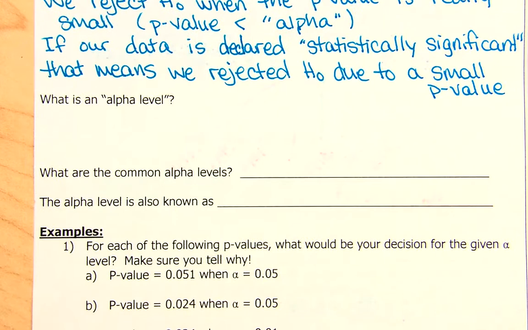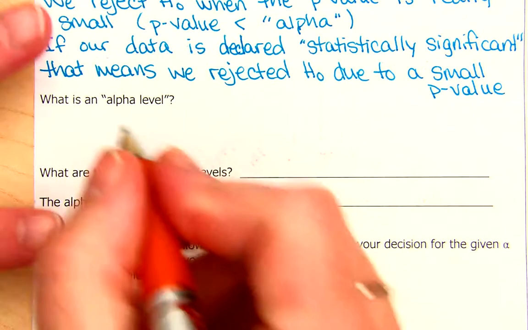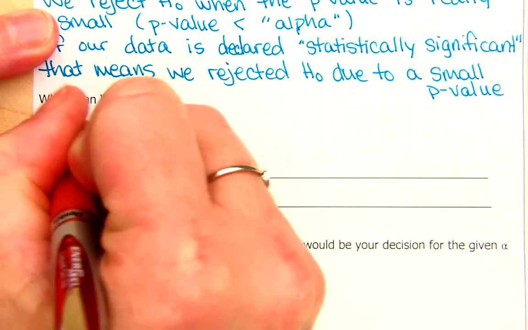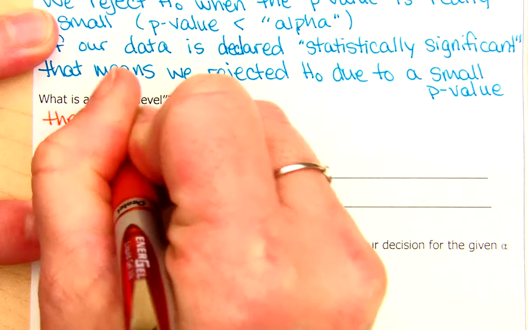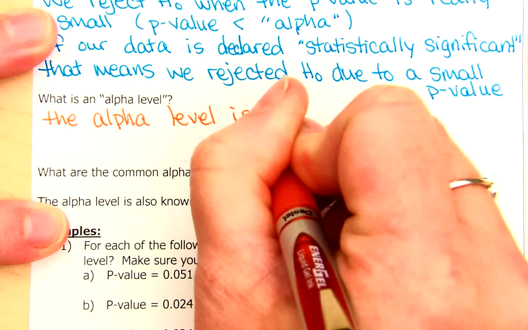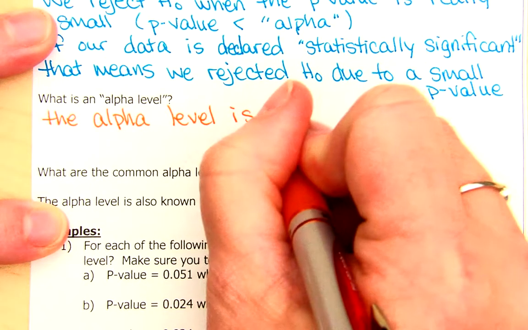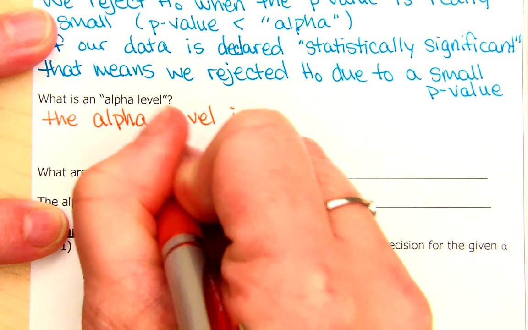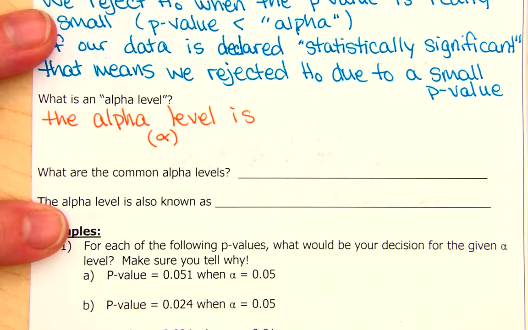So, what is an alpha level? If we're going to compare to alpha, we need to know something about alpha. So the alpha level, and we'll call that just the Greek letter alpha, is what we usually use.